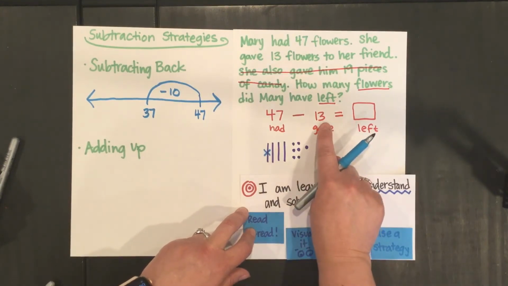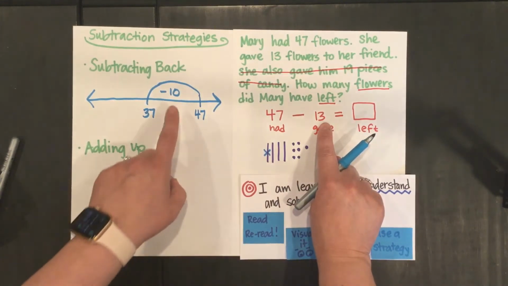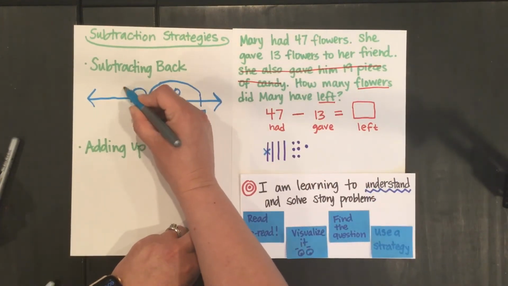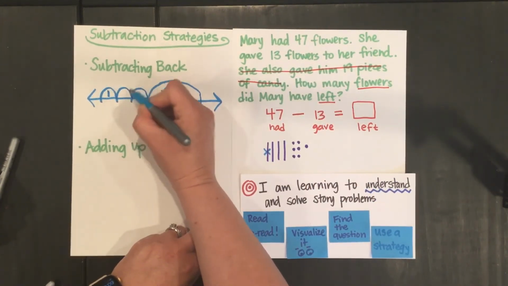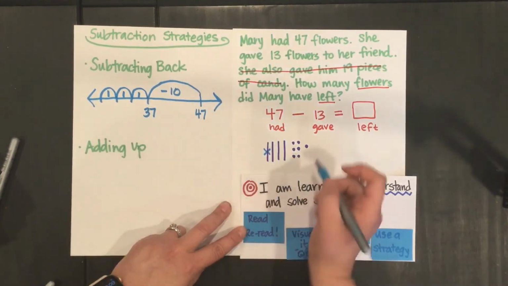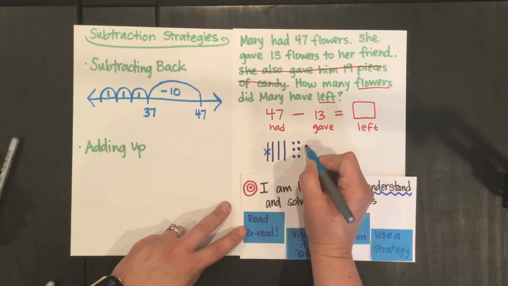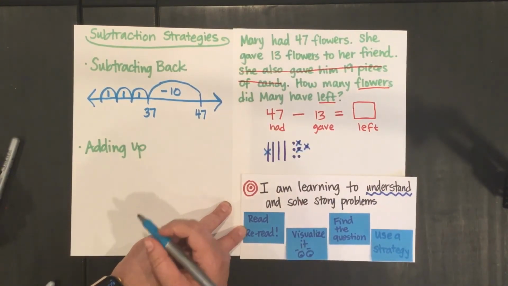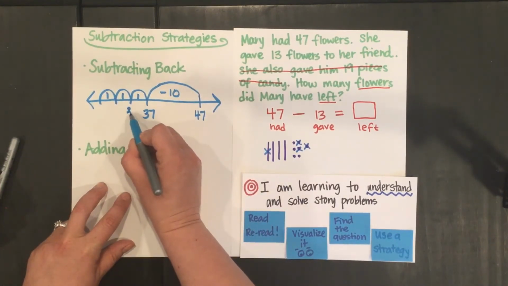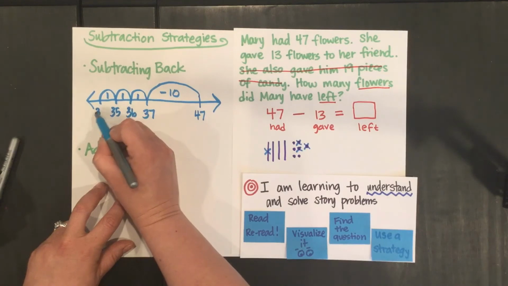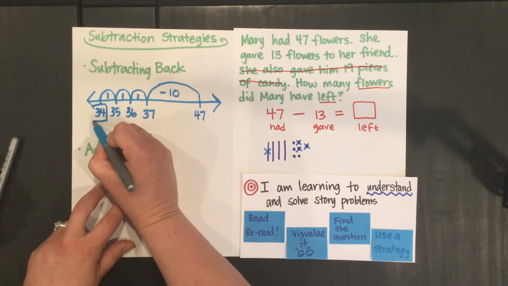But she also gave away 13. So far I've taken away the 10. I still need to take away the 3 more to make a total of 13. And when I do that in my place value picture, I could take away this one, and this one, and this one. I could also count back 36, 35, and 34.